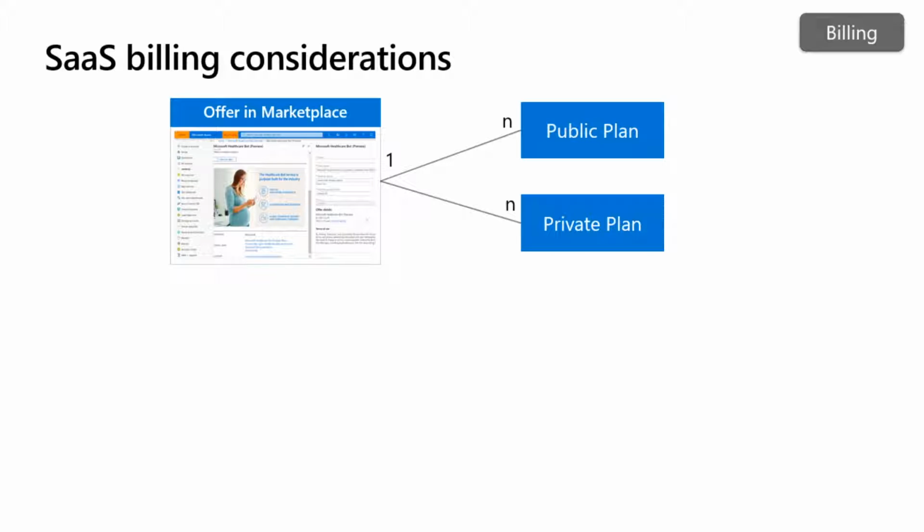One of the things that you're going to see on the commercial marketplace is the ability of creating an offer. So this is basically how your offer is going to be proposed for customers to purchase. As part of that experience, you also need to develop plans, right? Plans or SKUs. And normally an offer can have as many public plans as you need. And also you have the concept of a private plan, which enables you to provide specific plans for specific customers.